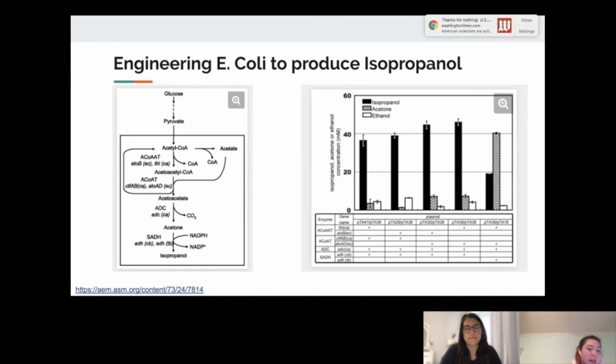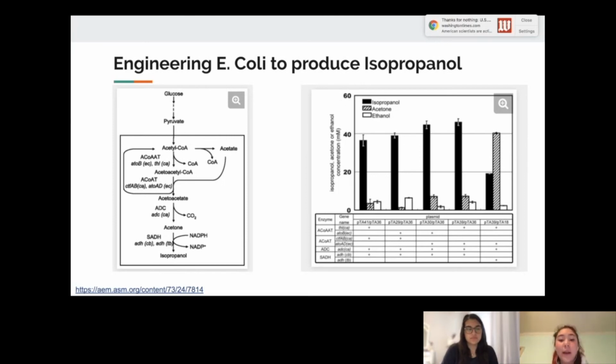So we're taking genes from a few different organisms. We're going to call them Clostridium A, Clostridium B, TB, and E. coli. There are a few different choices that you can make. All of them will produce the end product of isopropanol. However, they can produce it at different rates and with different byproducts.